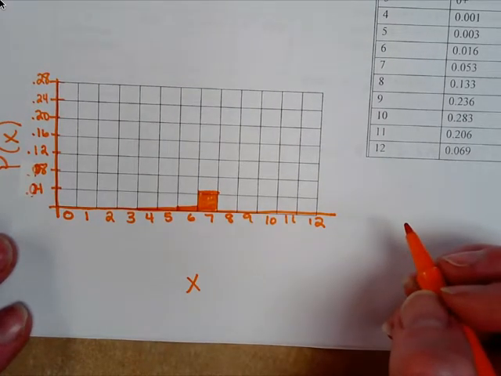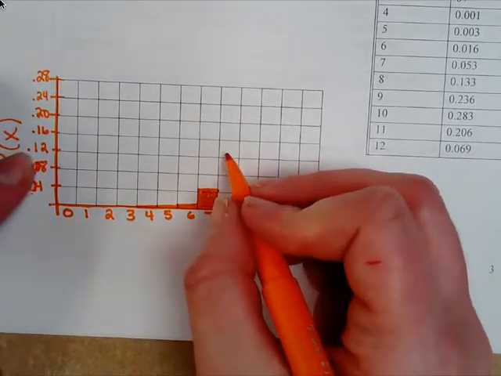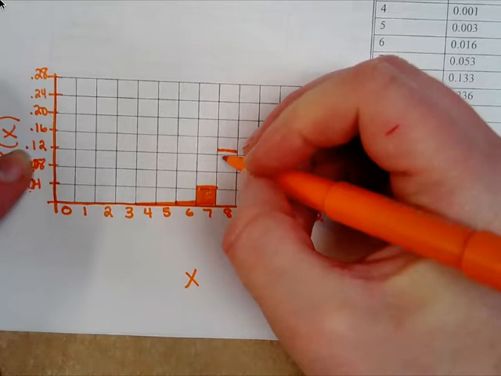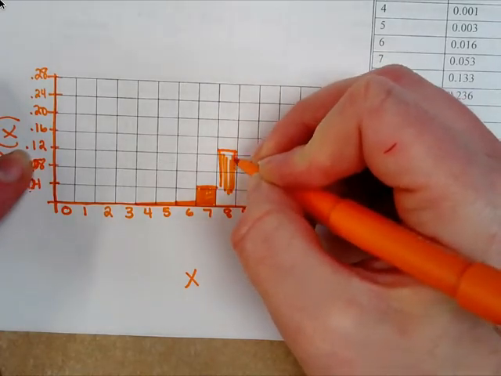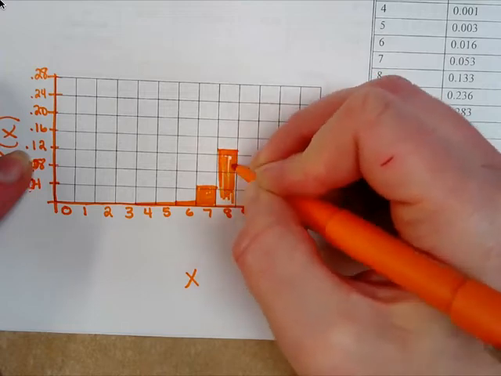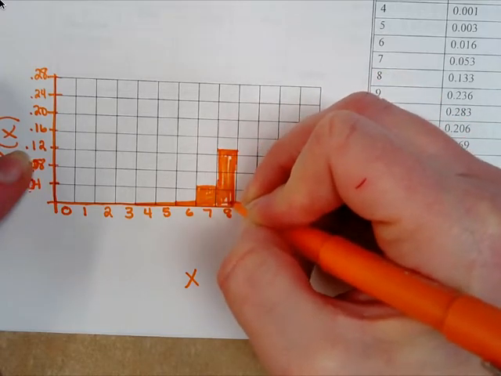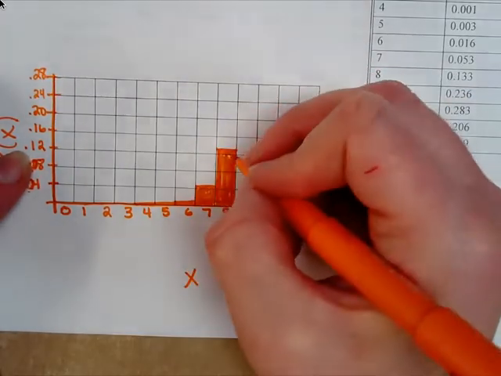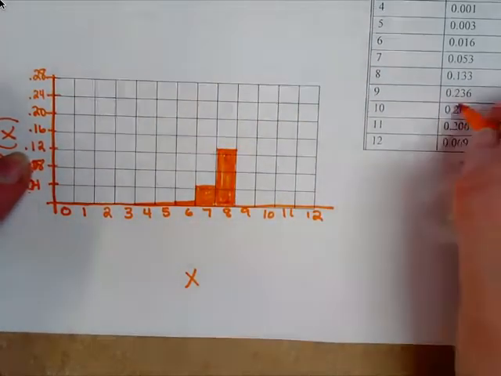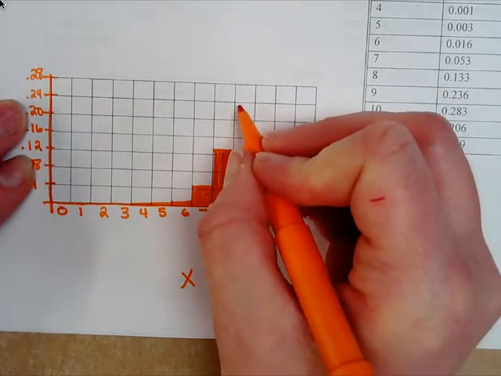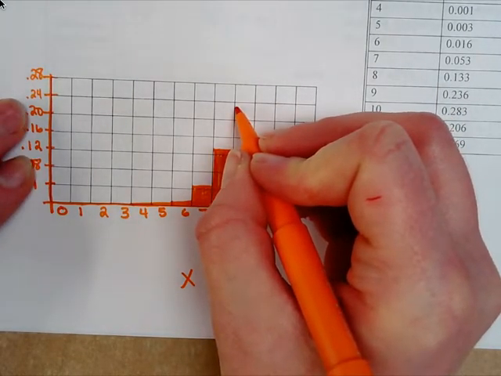Then 8 is 0.133, so it's a little bit above 0.12. 9 is 0.236, so that'll be close to 0.24, right?